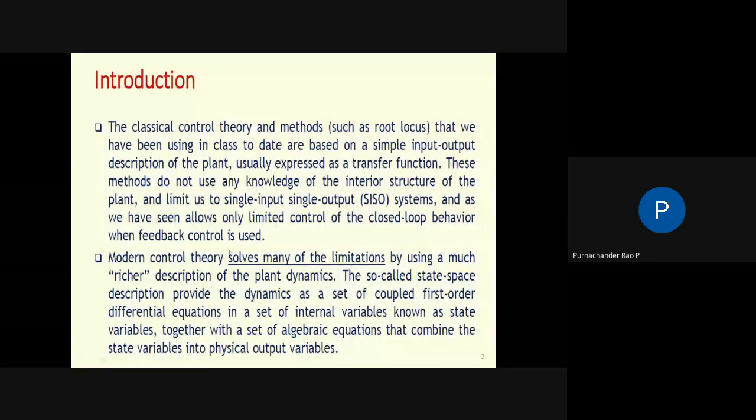In a transfer function approach, we are neglecting the initial conditions, such as i naught of t, that is the initial current across the inductor, or the initial voltage across the capacitor, which we are not considering. But this will have some effect on the system performance. So this is lacking in classical control theory, but it is possible with modern control theory, which has state space analysis.